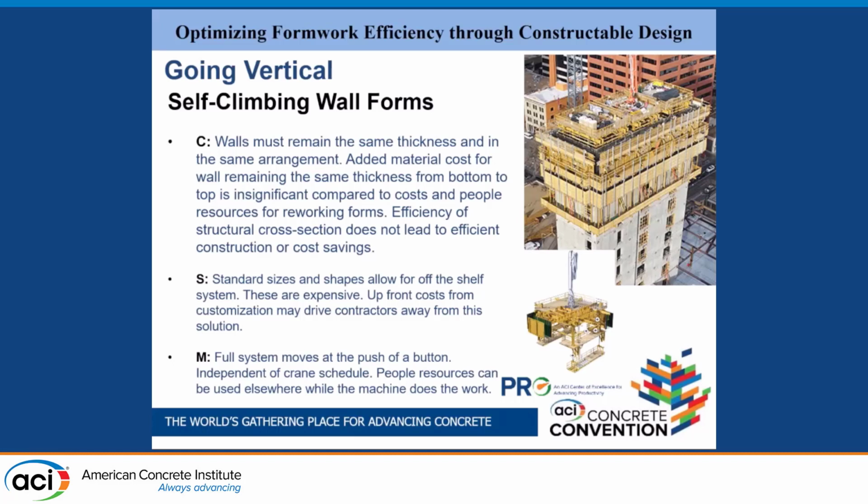Exact same thing with the walls. If you're trying to minimize your cross-section every time you go up, if you're trying to shift things and move things just in order to optimize those sections, that's great, but you can't use something like this when you do that. Or you can use something like this, and it just costs you more every single time you have to make a change. Changing things costs money, costs time, and we want to avoid that as we can.